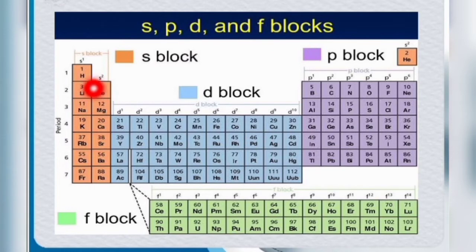Here you can see that orange block elements are S block, purple block elements are P block, blue block elements are D block, and green block elements are F block. In this lecture, we will discuss only S and P block elements.